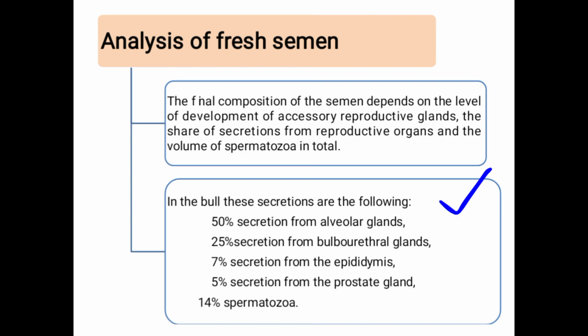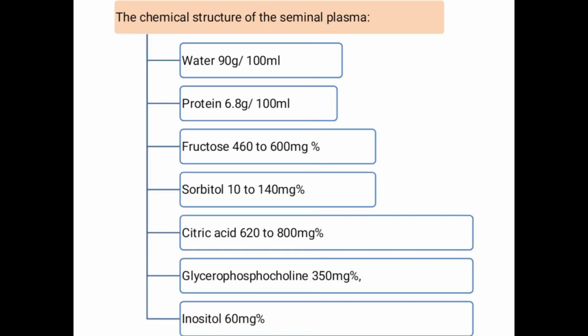This is the overall composition of the semen, which consists of seminal plasma and spermatozoa, as already discussed in our previous lecture. The chemical structure of the seminal plasma includes water 90 grams per 100 ml of the seminal fluid, protein 6.8 grams per 100 ml, fructose 460 to 600 milligrams. This question is most frequently asked: which sugar is commonly found in the seminal fluid?